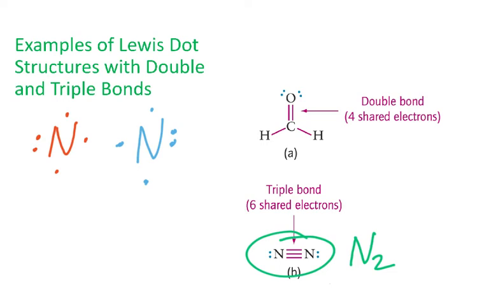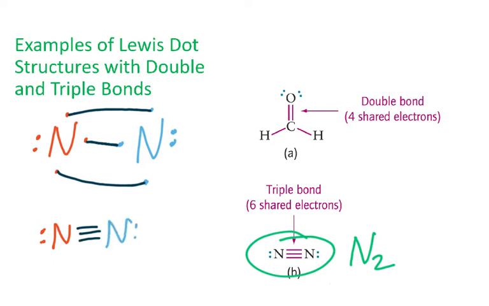And they each happen to have 3 alone, so they can share all of them, and we can reduce this to something like so, where these 3 lines are 6 shared electrons, right?